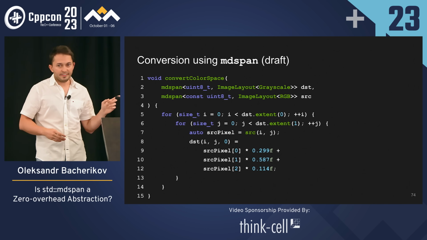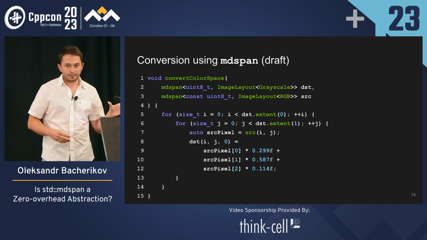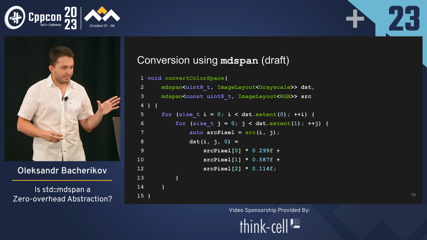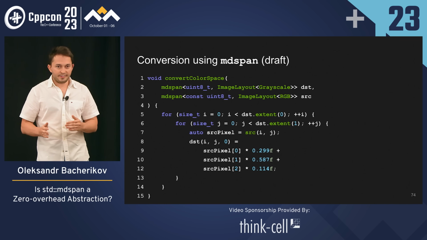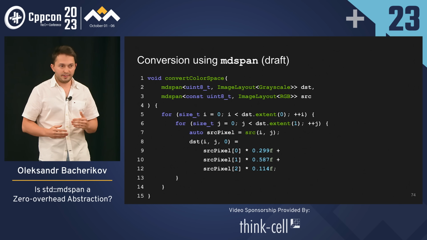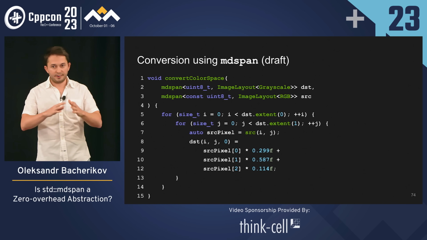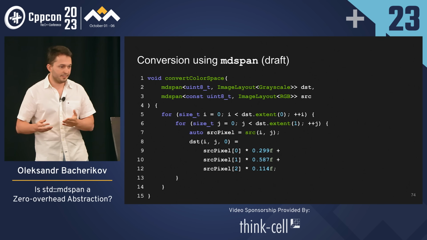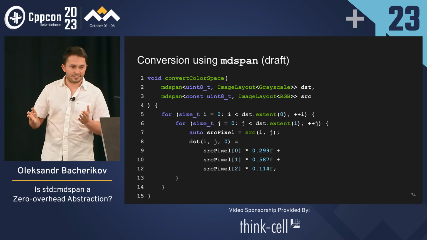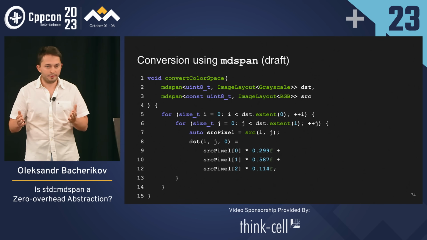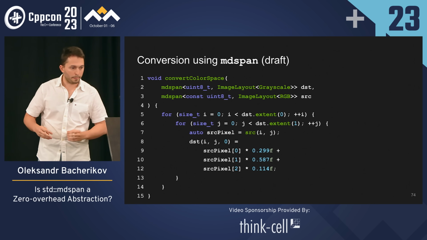In line 7, I'm using a subscript operator, which we don't yet have in the standard, but it could be implemented using submdspan. But I'd really like to have such an operator in the standard, which specifies only the first dimensions and then gives you a view over the remaining ones, in this case the pixel. It's the way it works in NumPy and also in many C++ libraries.